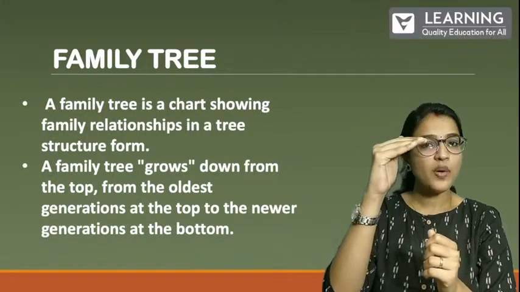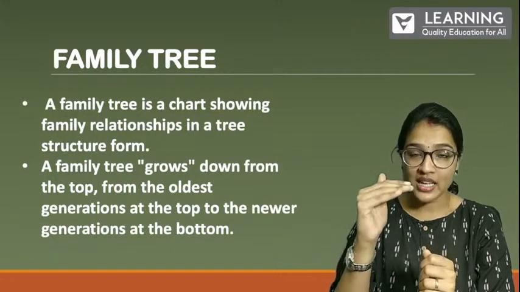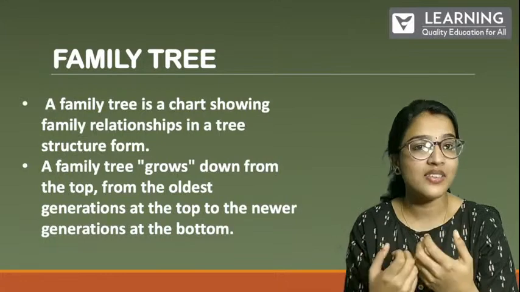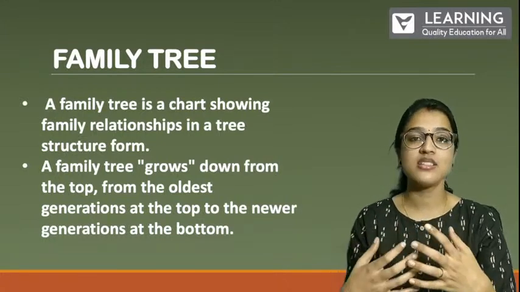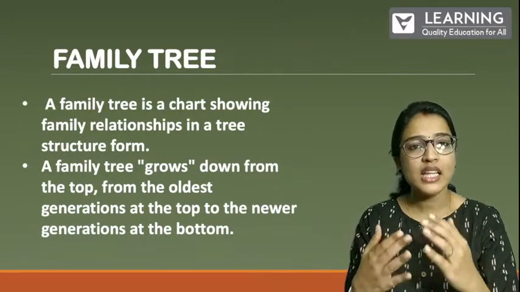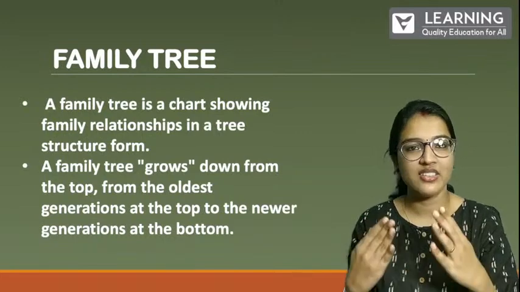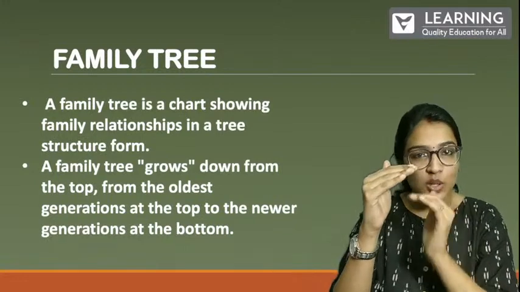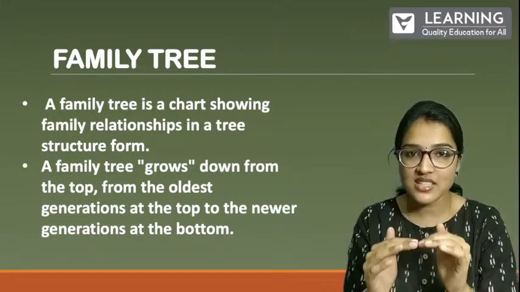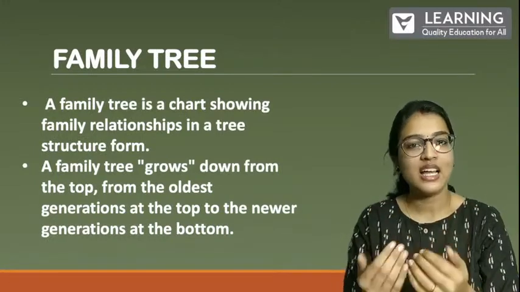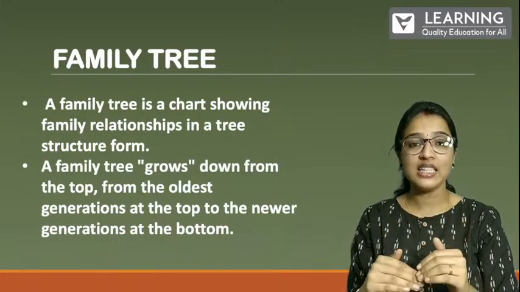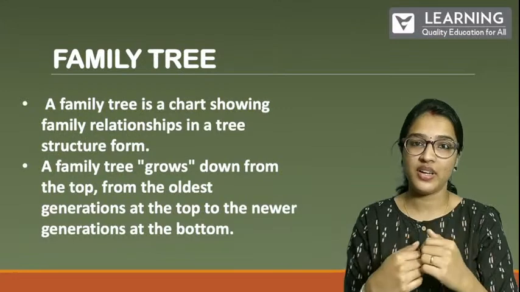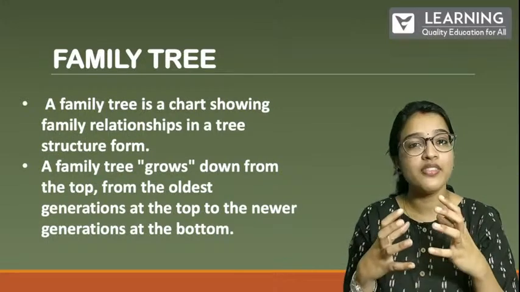On the top of the tree, we have to place our older generations, for example, our grandparents. If grandparents are there in a family, they will be the older generation, right? So we have to place them on the top. Below that, we have to place the next generation. And below that, the next generation. And finally, at the bottom, we have to place the new generation, that is the generation of kids.